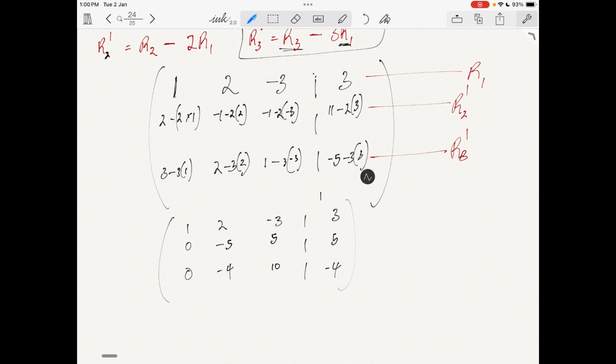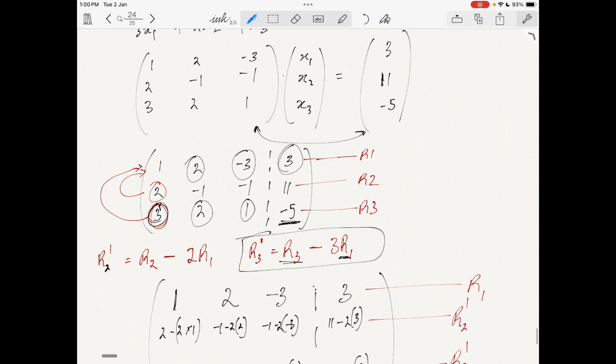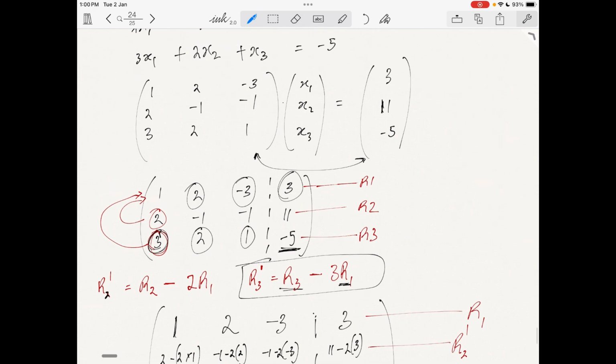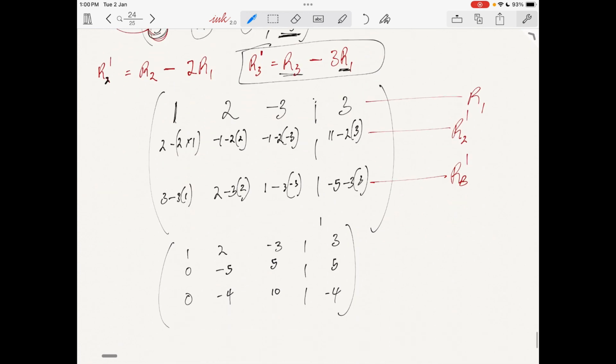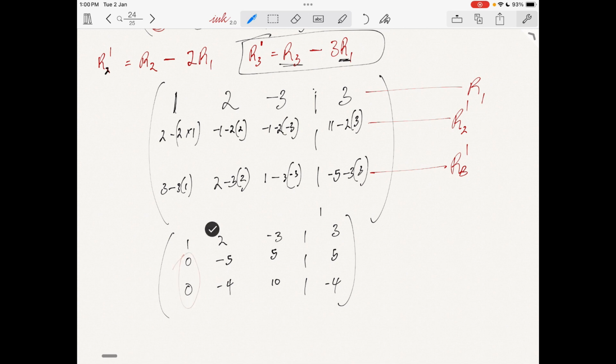Since at the beginning what we wanted to do was to change these terms to 0, we have now accomplished changing the first two terms to 0. Now the next thing we want to do is to change the last term to 0.